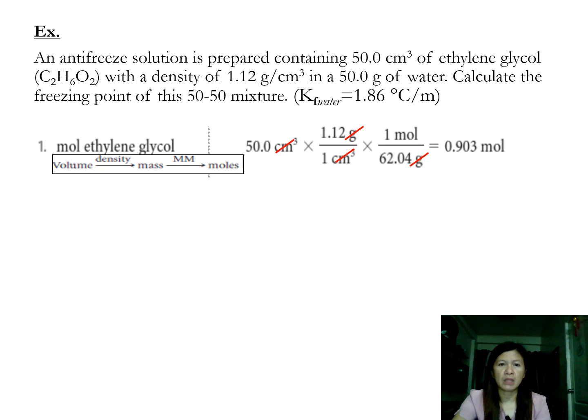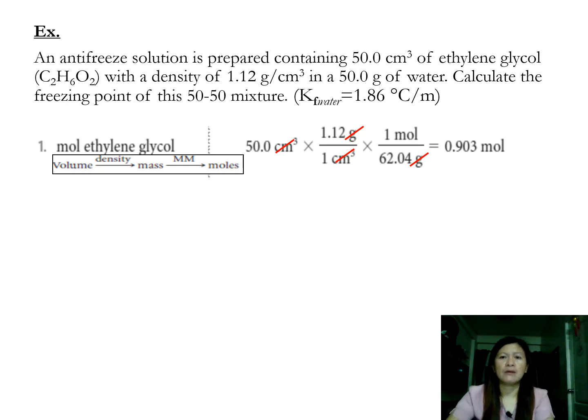So first, let's determine the mole of ethylene glycol. To get this, we need to consider the given volume of the solute, which is 50 cubic centimeters, and its density, which is 1.12 gram per cubic centimeter. We know that the formula of density is mass over volume. So if we are given volume, then we derive mass as density times volume.